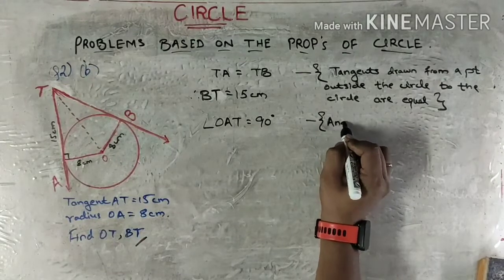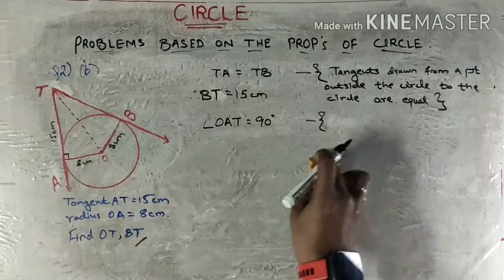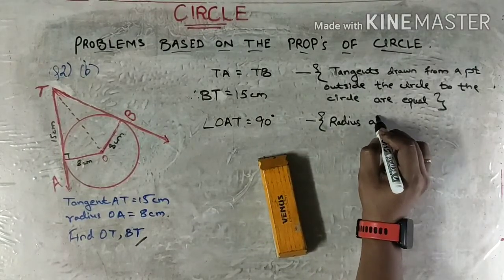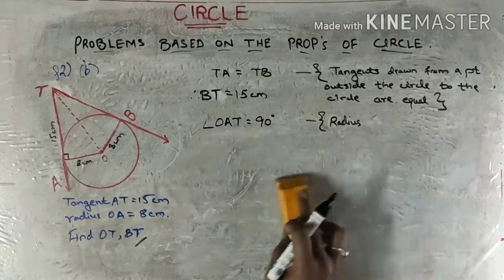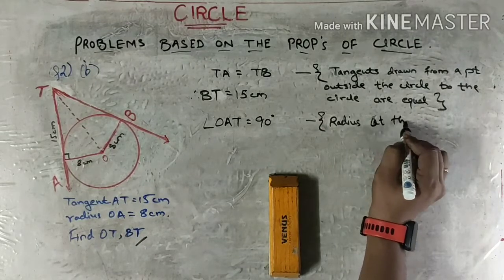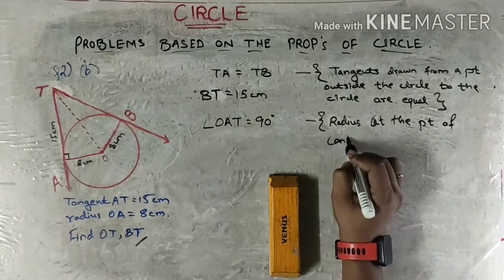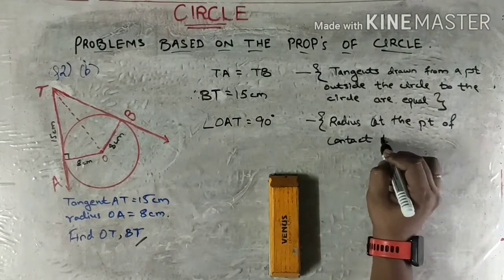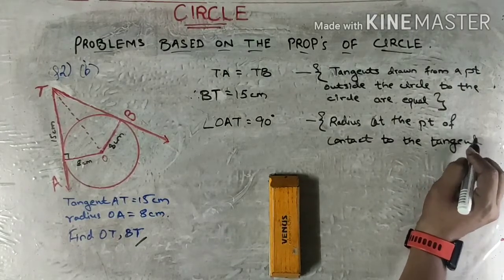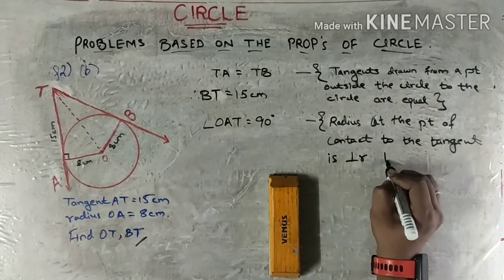Reason I'll write the property, that is radius at the point of contact to the tangent is perpendicular to the tangent.